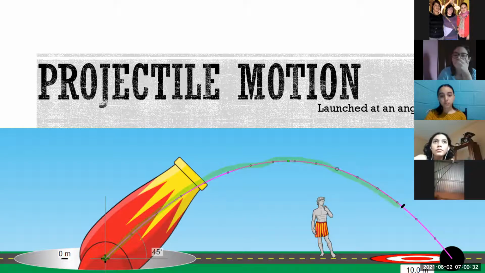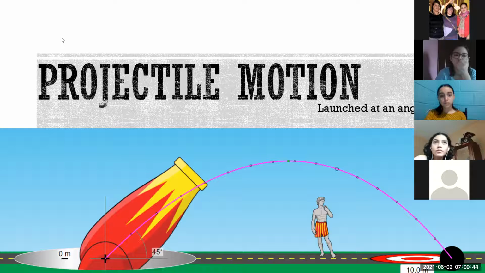How do I know it's a parabola, for example? I know this is a parabola because if I measure point against any point, for example, this point right here is the highest position, and what you see here is the motion of the object when it's going upward and forward at the same time.